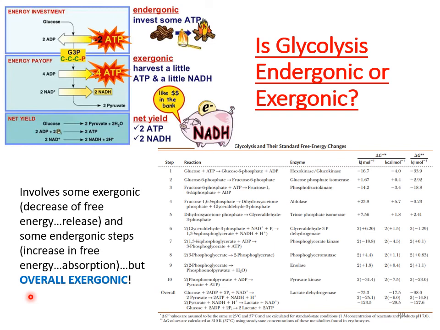And when we look at glycolysis to analyze whether it's endergonic or exergonic, it's interesting because glycolysis isn't one reaction, it's 10 different steps. And so some of the steps you'll notice end up having negative free energy values, whereas other ones end up having positive free energy values.